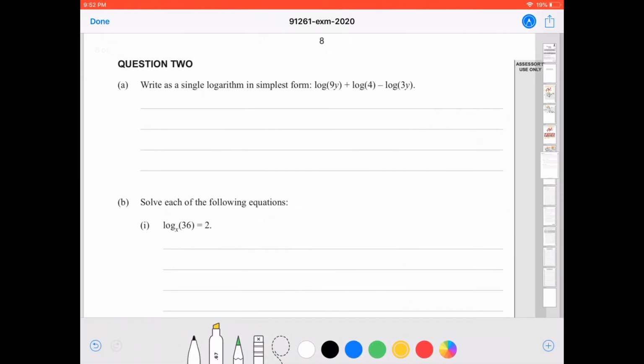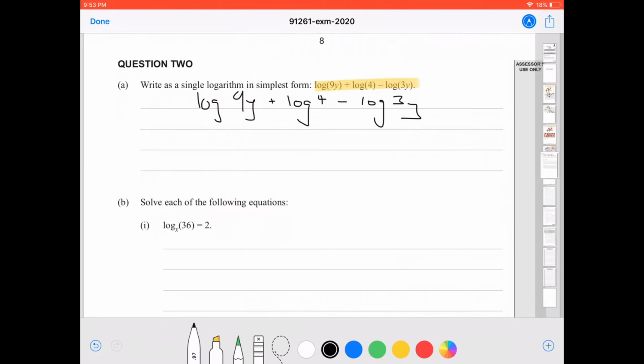So it says, write as a single logarithm in its simplest form, log 9y plus log 4 minus log 3y. As always, we'll just write out our question: log 9y plus log 4 minus log 3y.